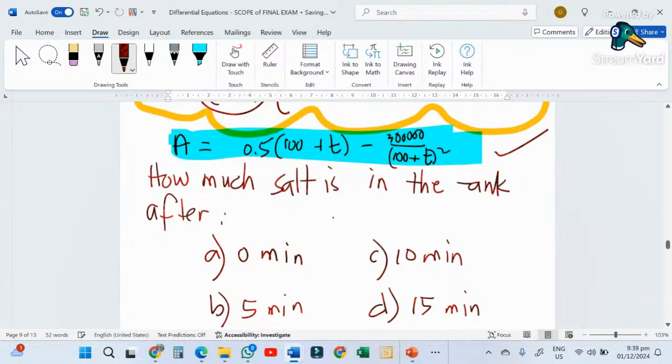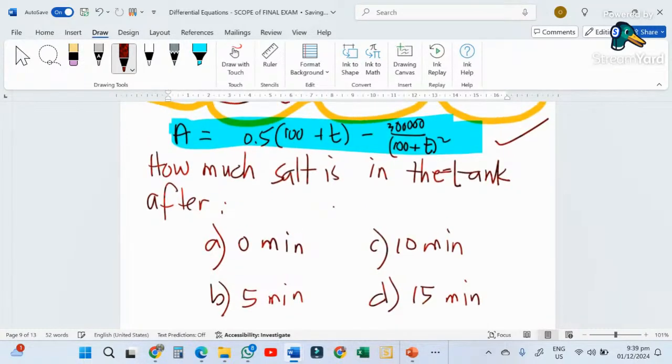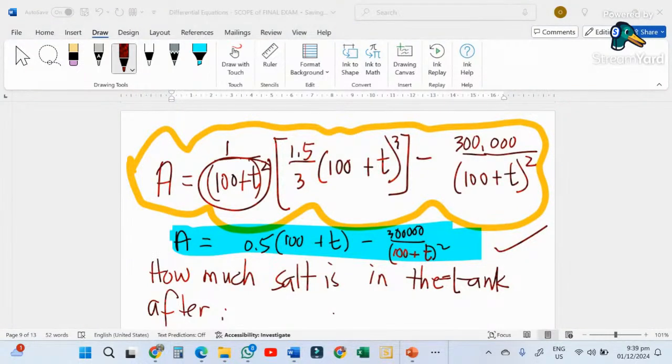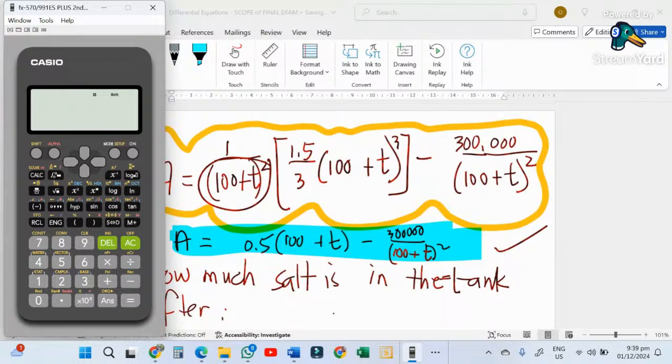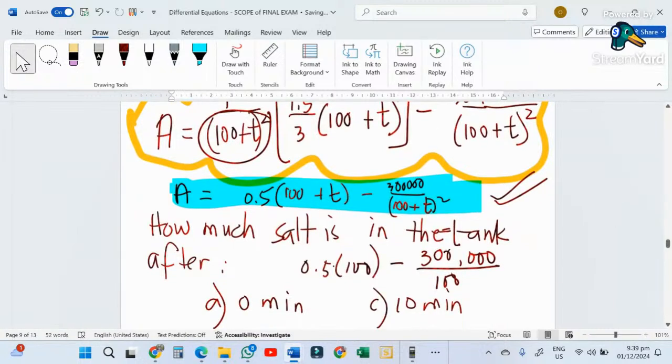So if you're going to solve how much salt is in the tank after 0 minutes, you must go back to 20, correct? Let me just do that for you. Let's pull out our calculator and use this formula. When t is 0, you'll have 0.5 times 100, minus 300,000 over 100 squared.